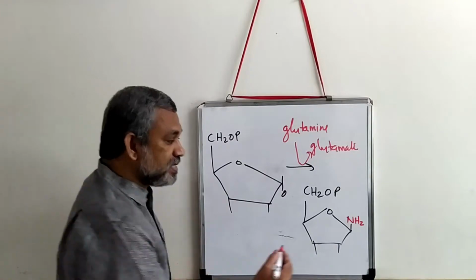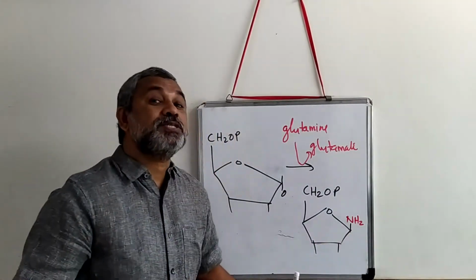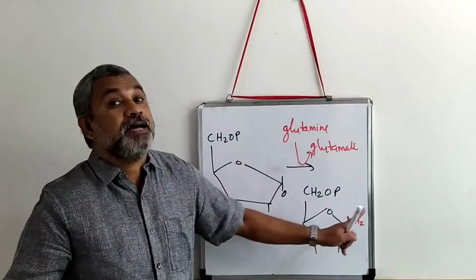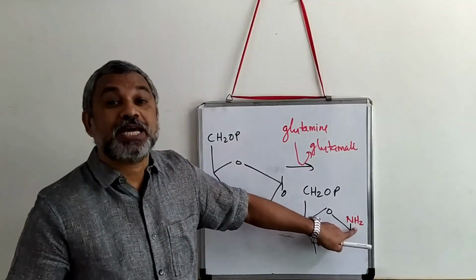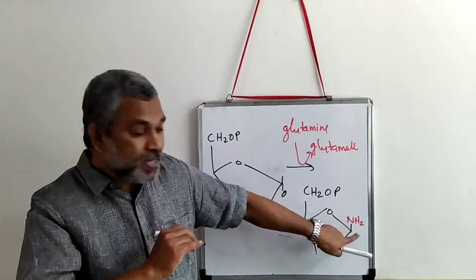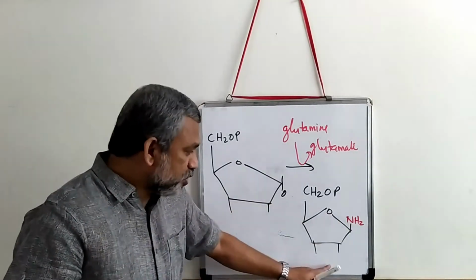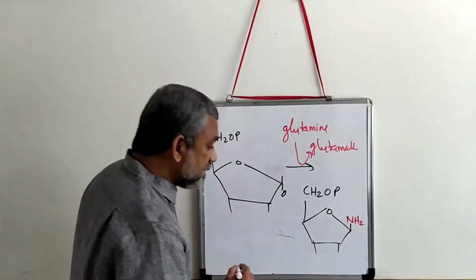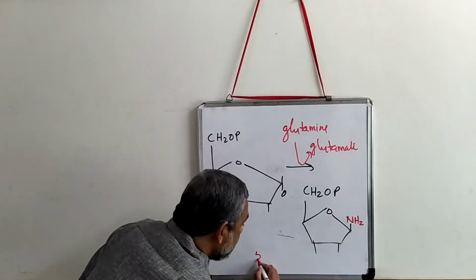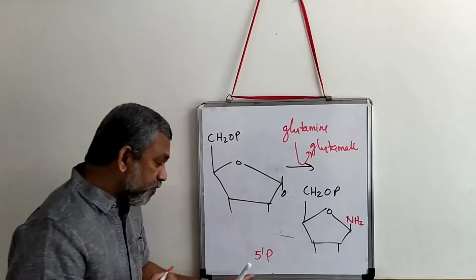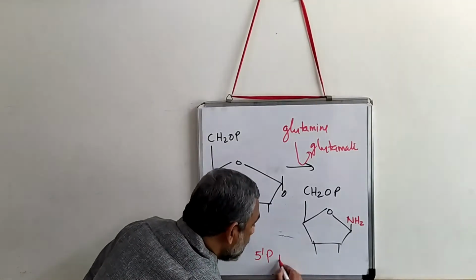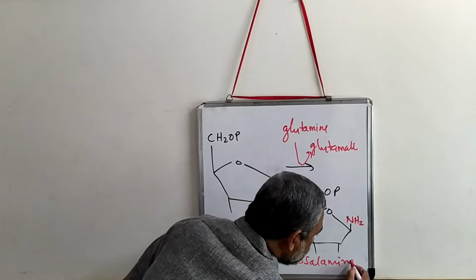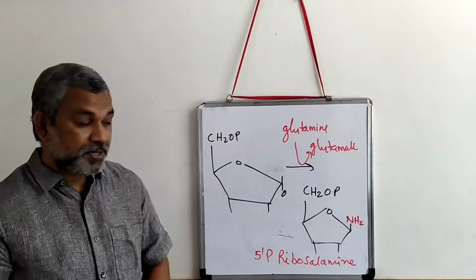An amino group is added. And this becomes the N-glycosidic linkage, which connects the sugar with the base. This is the N-glycosidic linkage, that is the beginning. Now the name of this product, since there is an amino group, is 5-phosphoribosylamine. 5-phosphoribosylamine is formed.